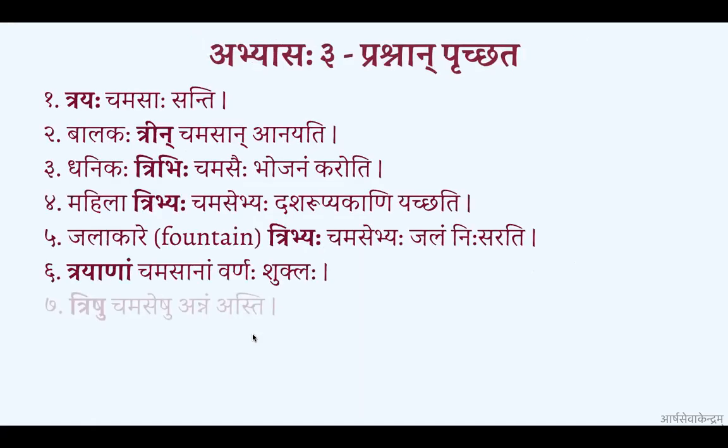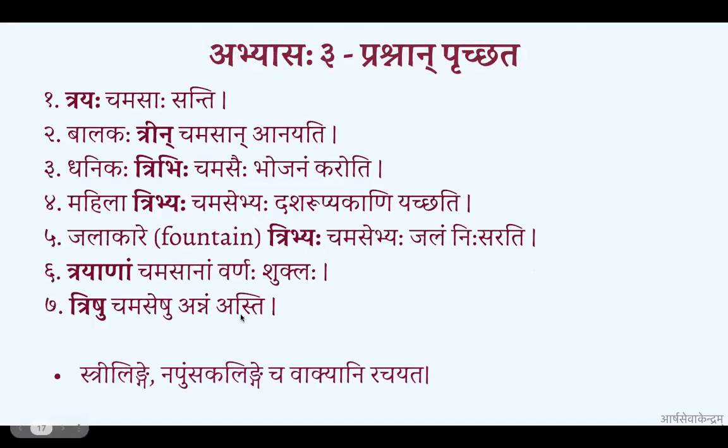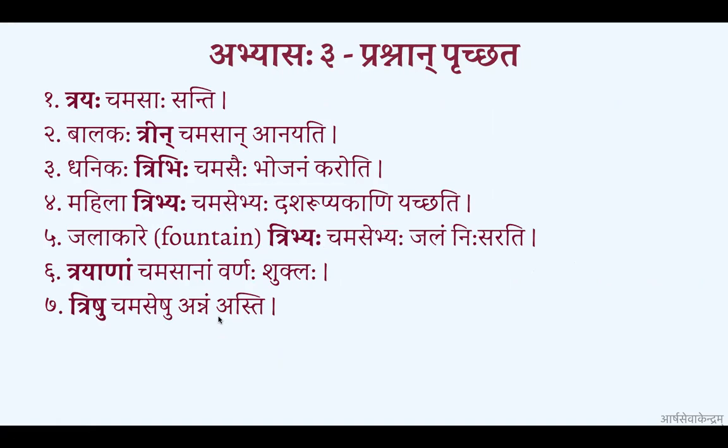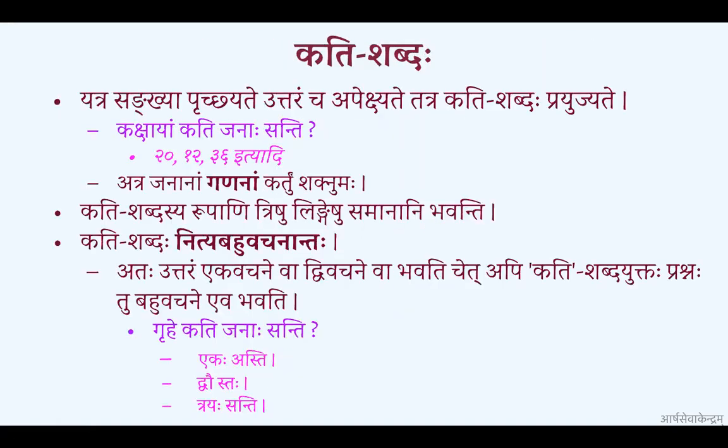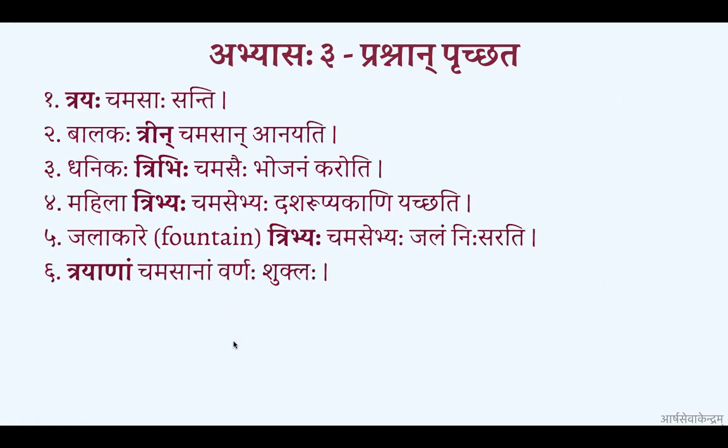Atra Annam Asti. Atra Karta Kaha? Annam. So here the Kati applies to the Chamaseshu, not to Annam. In the previous example, Kati applies to Janaha. That is why it is in Prathama Vibhakti.